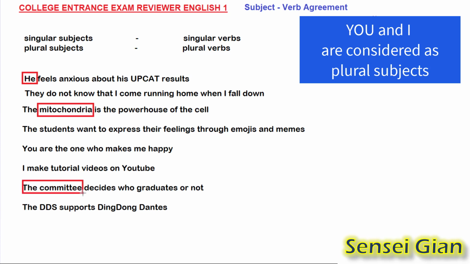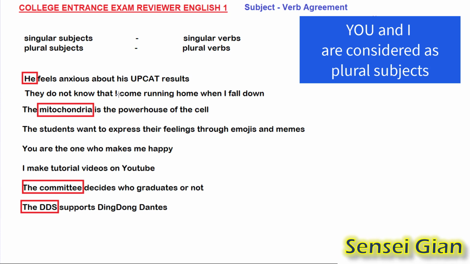The committee. The committee counts as one. More about this later in the tutorial. The DDS. The DDS counts as one in this sentence also. They act as a single group, same thing with the committee.